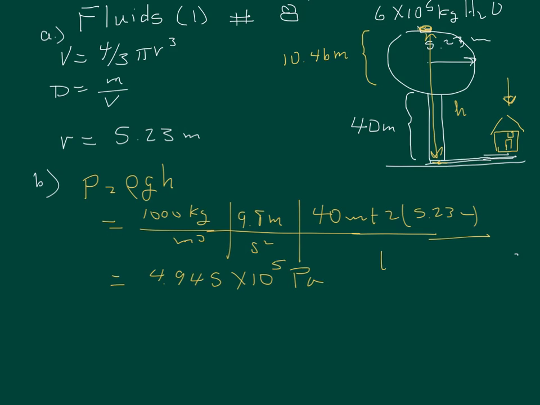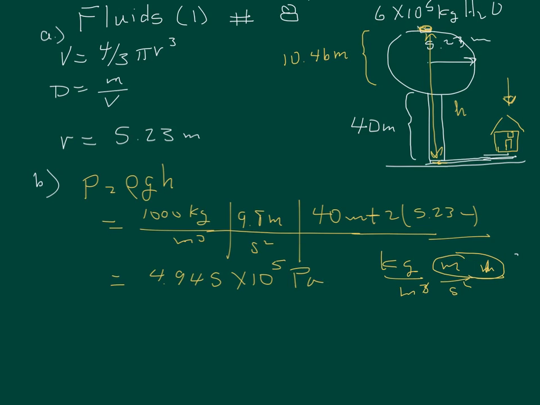Let's make sure our units are correct. I have kilograms per meter cubed. I have meters per second squared. And up on top for the height, I have everything in meters. So I have meters squared over meters cubed, gives me 1 meter on bottom. I have kilograms and seconds.